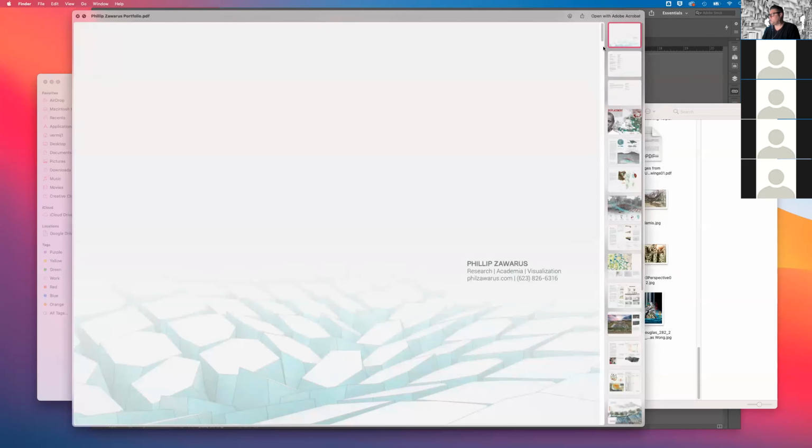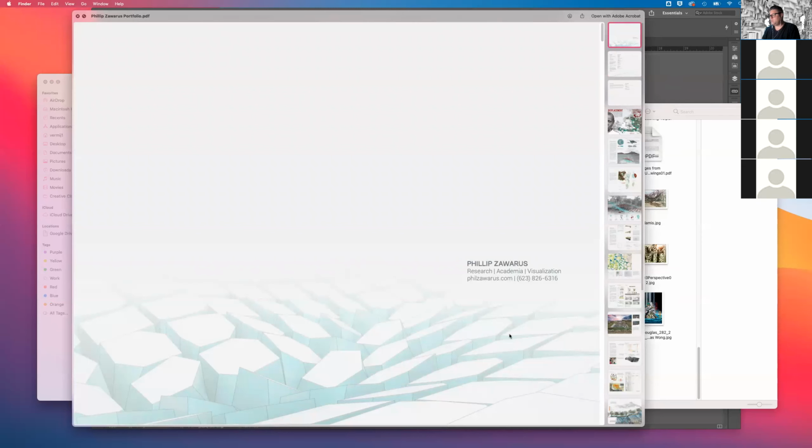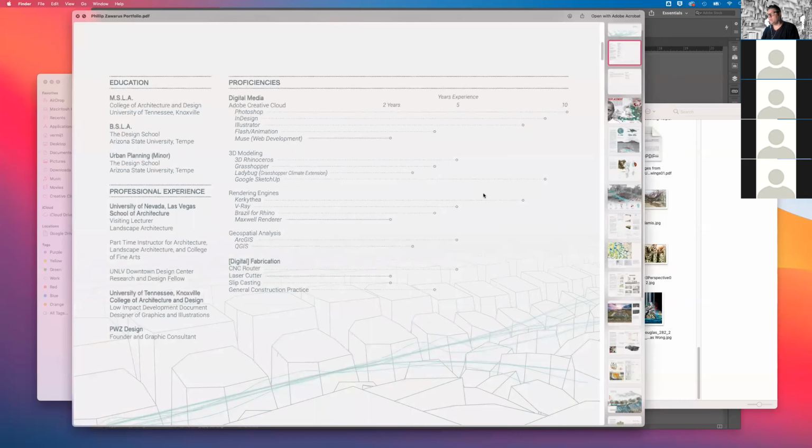Very simple and clean, right? Just some patterning that he did that's then lightened up, tinted out, and then gradients to white, right?